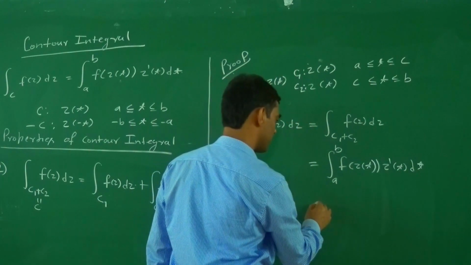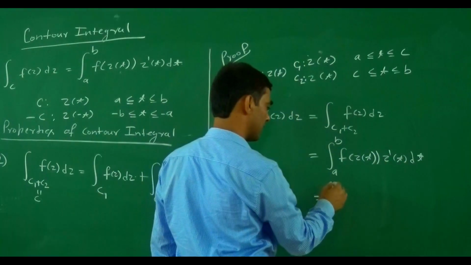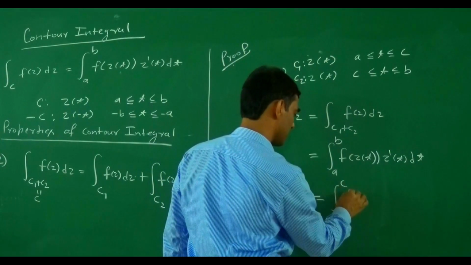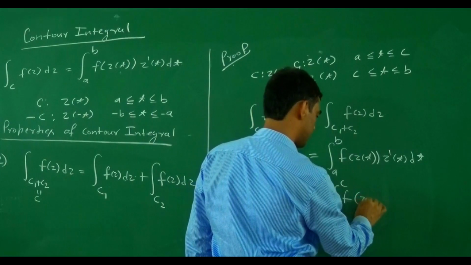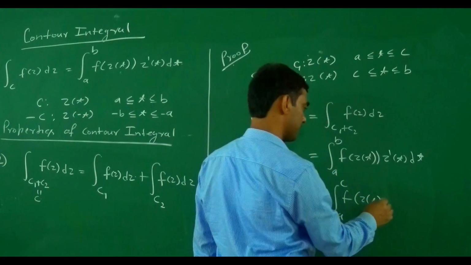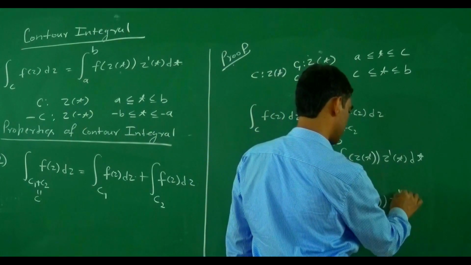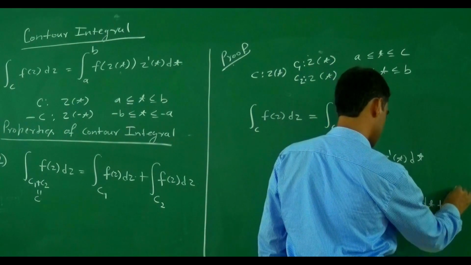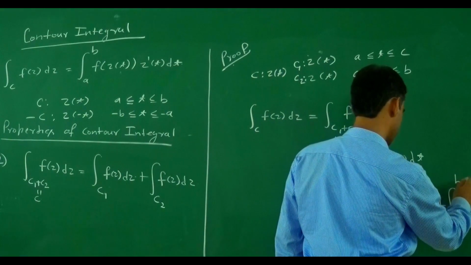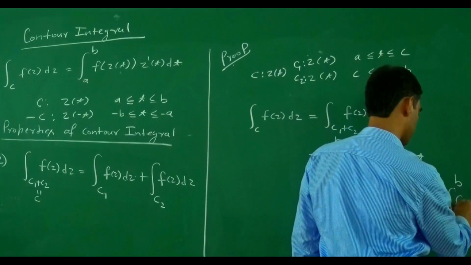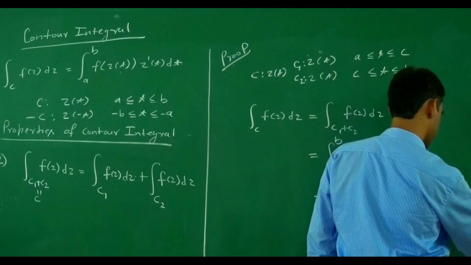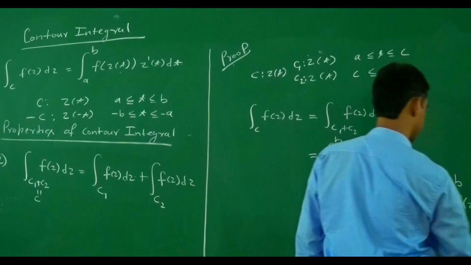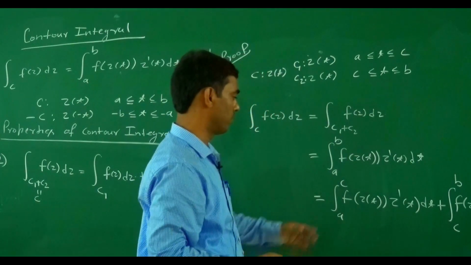Now this can be written as the integral from a to c of f(z(t)) z dash t dt plus the integral from c to b of f(z(t)) z dash t dt. So what is the value of this?